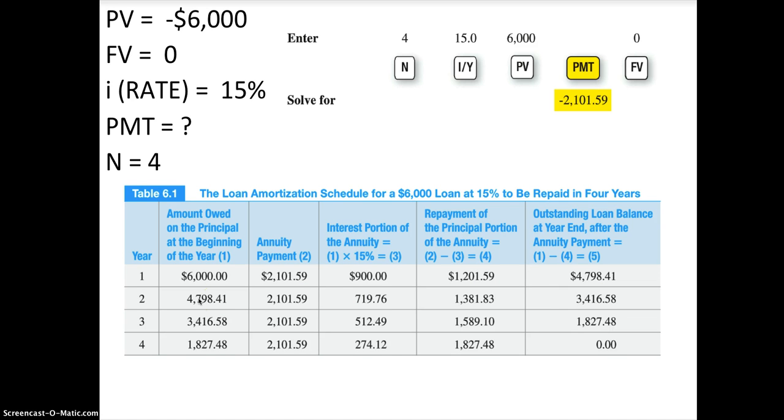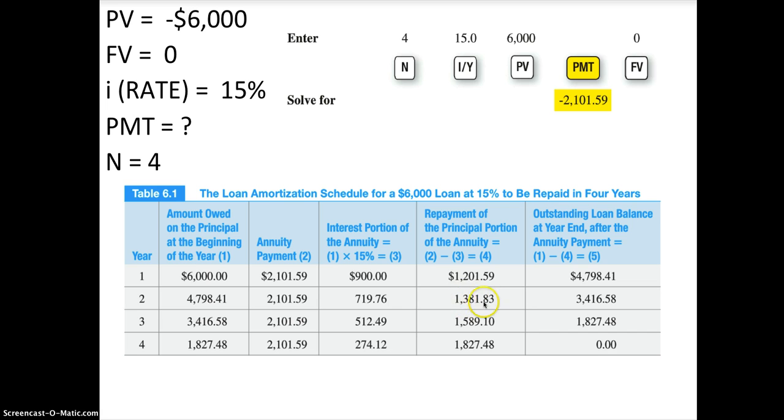Again, you take 15% of $4,798.41, and you get interest, which is a little bit less than the first year, of $719. You deduct that from your payment, so now you're paying a little bit more toward principal in year 2, $1,381.